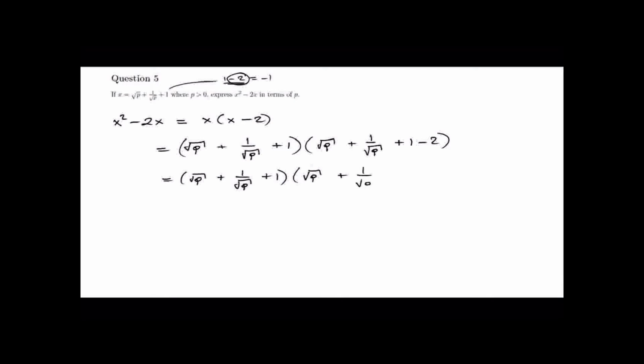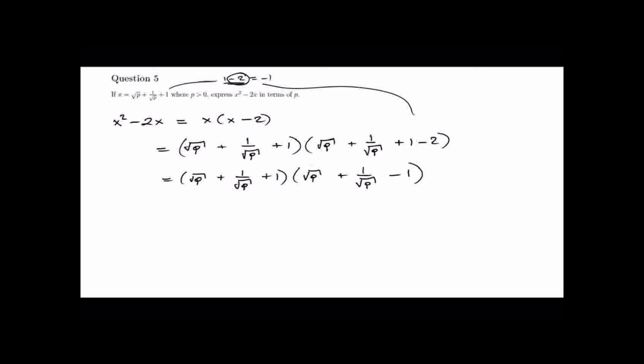Now what I'm told is that x is root p plus 1 over root p plus 1. And then the second bracket, now you could skip this line, but I'm going to put it in just for clarity's sake. X minus 2 is root p plus 1 over root p plus 1 minus 2. So that's root p plus 1 over root p plus 1 multiplied by root p plus 1 over root p, and like I said up here, 1 minus 2 is minus 1.